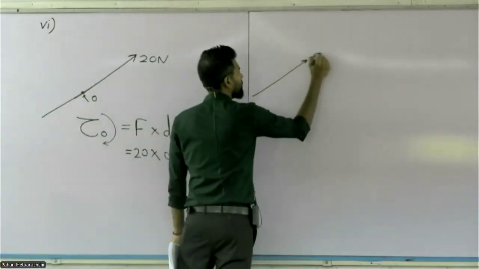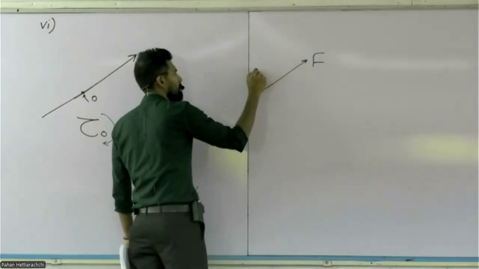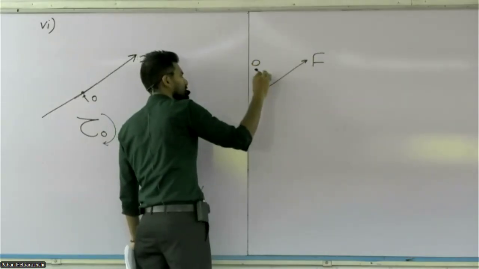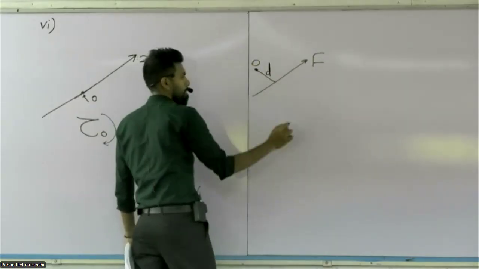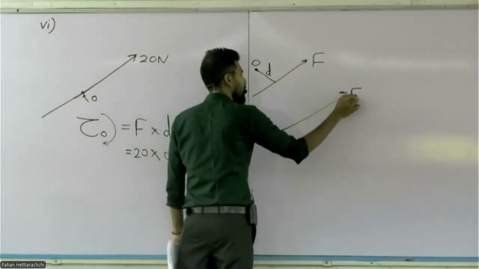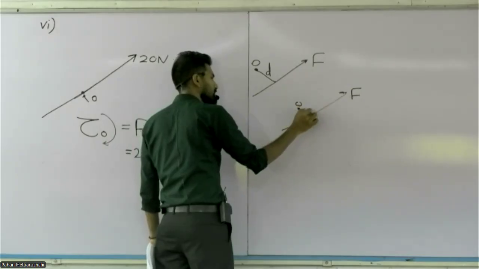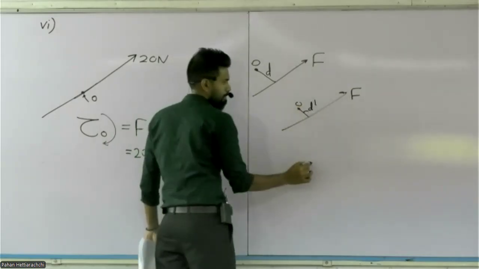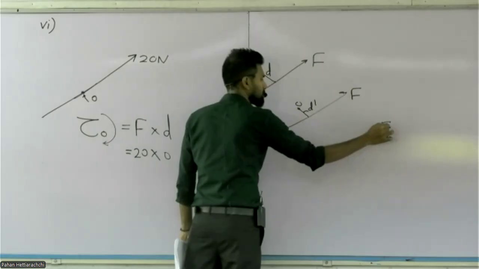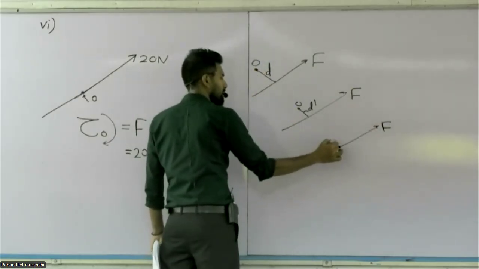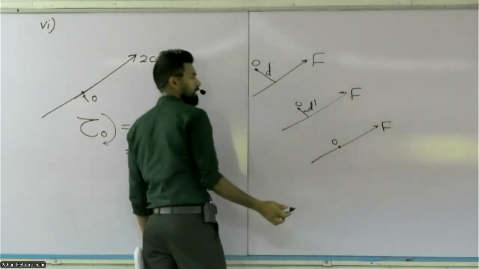If the force is like this and the point is this, this is the perpendicular distance. If the force is something like this and this is the considered point, this is the perpendicular distance. If the force is like this and the considered point is on it, what happened?